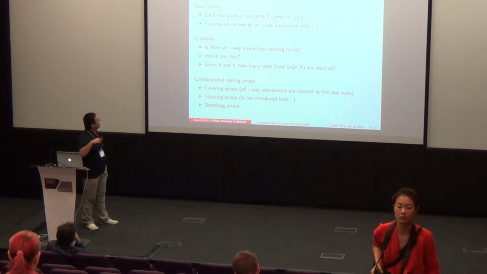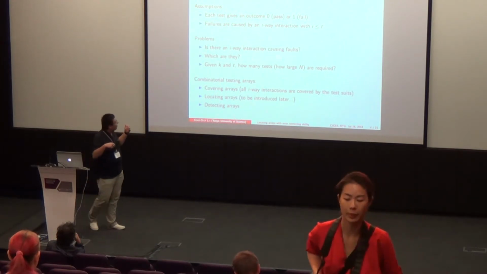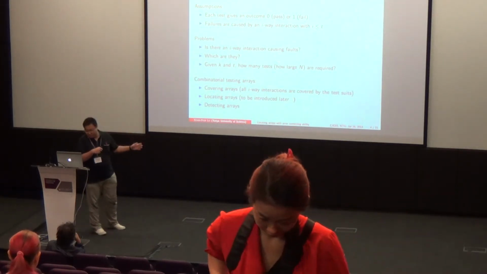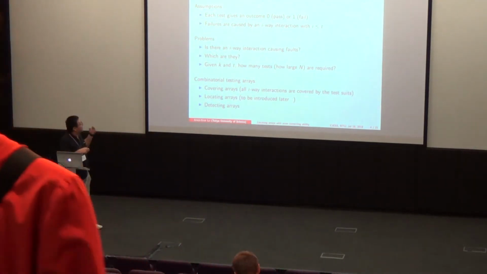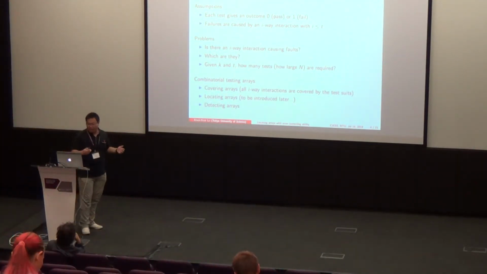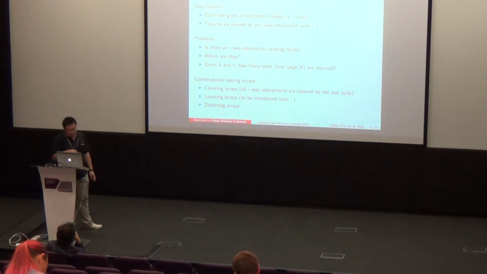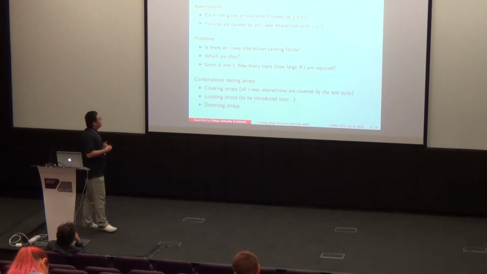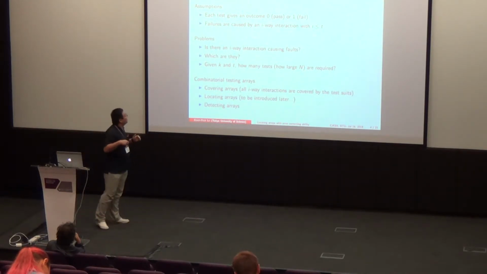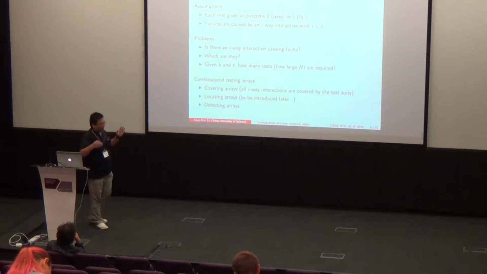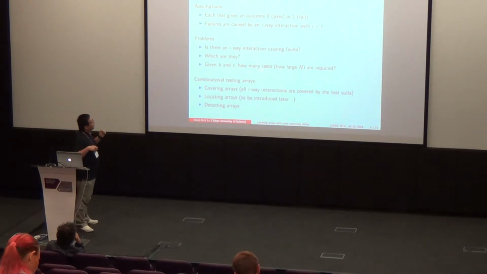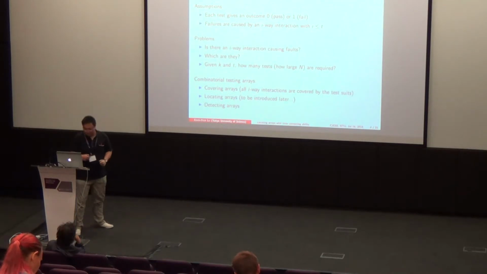The main problem is: is there really some i-way interaction causing some fault? The second problem is how can we identify, how can we point out which ones they are? And the third problem is the main problem in combinatorics: for a given number of factors and the number t of t-way interactions, how many tests are required?